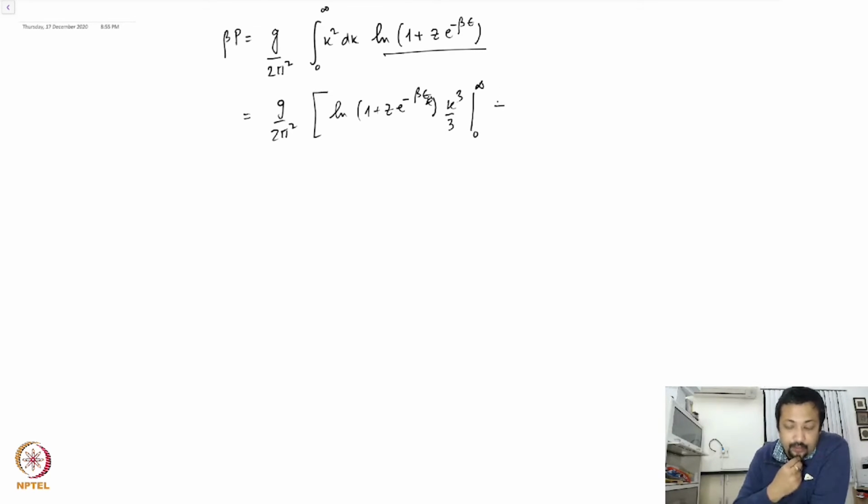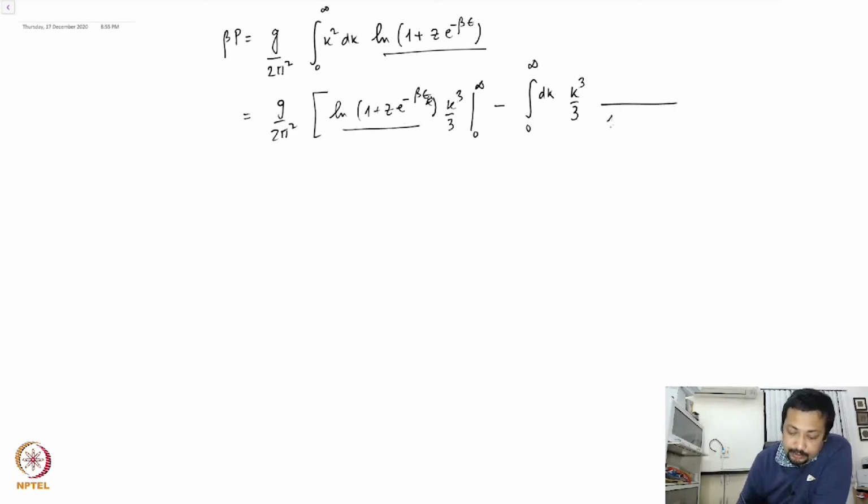minus, this is going to be the integration 0 to infinity dk. I'll have k cubed by 3, and then the derivative of this log with respect to k.